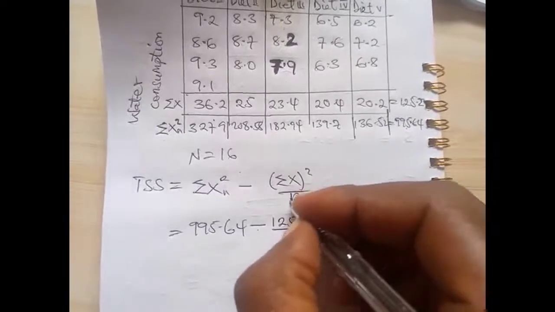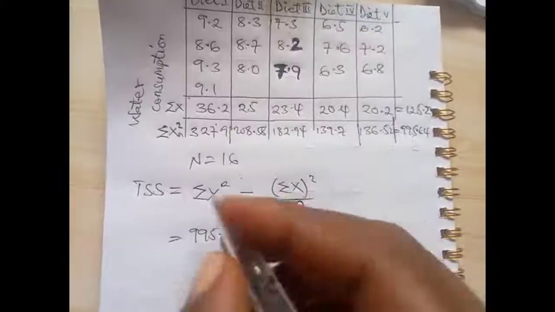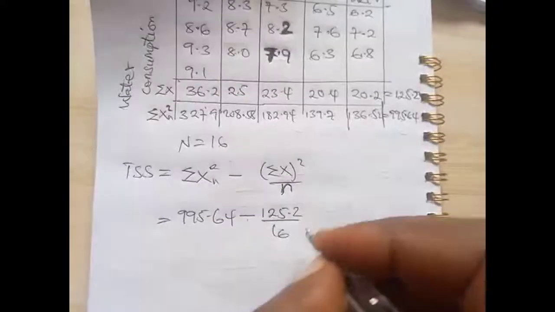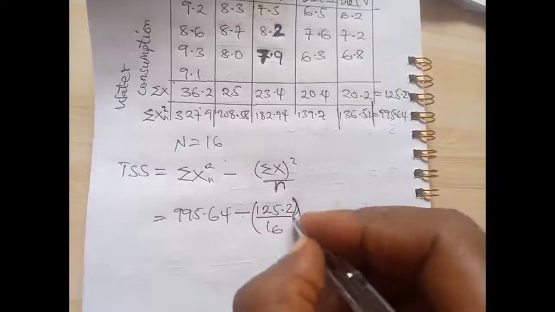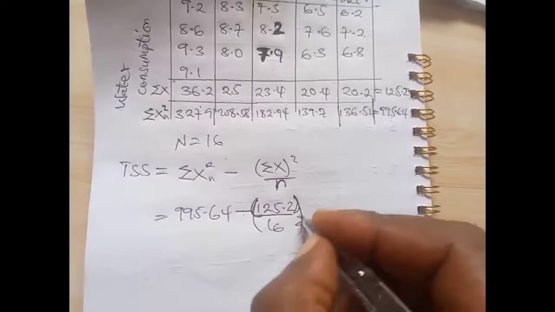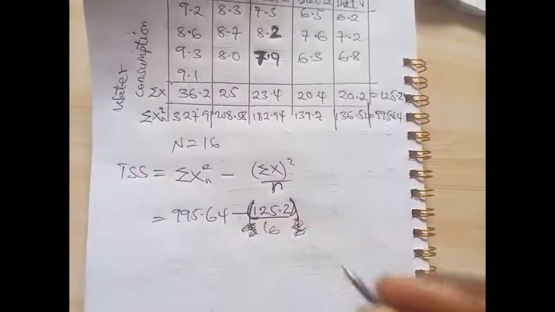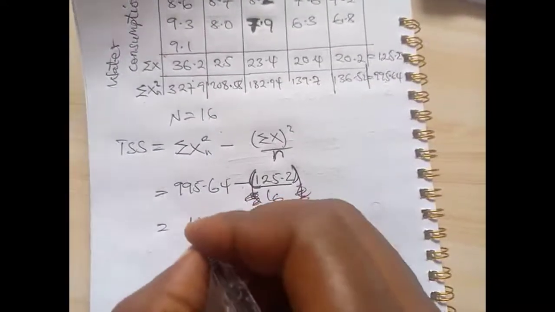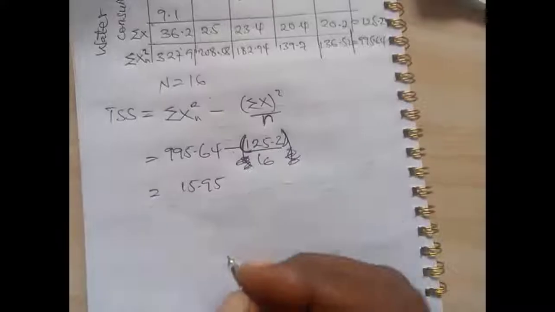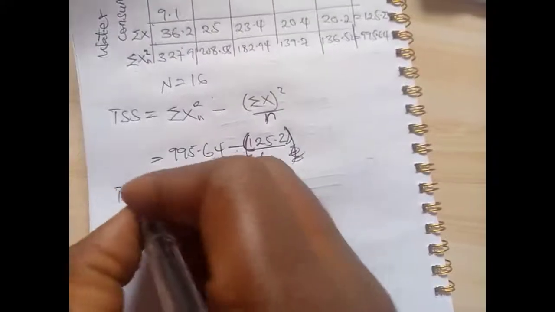Either you use small letter n or capital letter N, they are accepted. Okay, n is 16. Sorry, the bracket is only for this, not this. So if we calculate that, we're going to get 15.95. That's our total sum of squares.